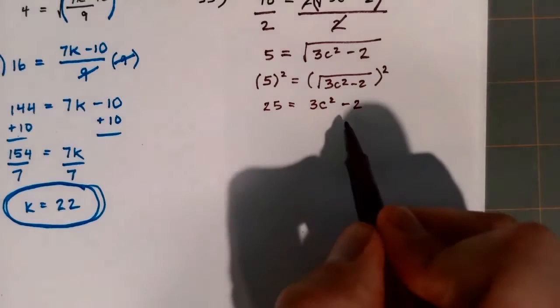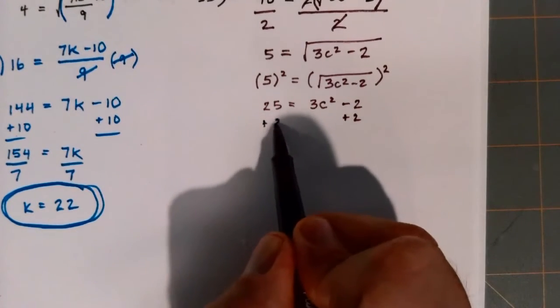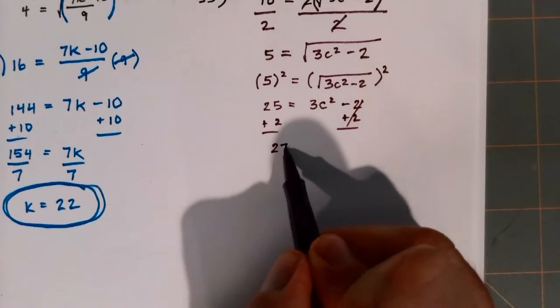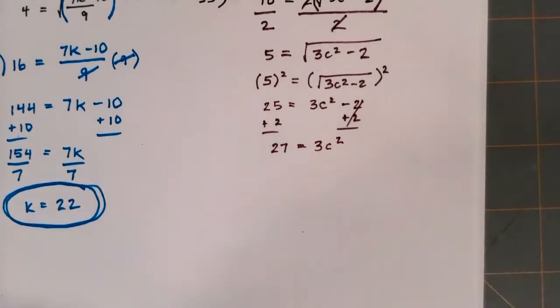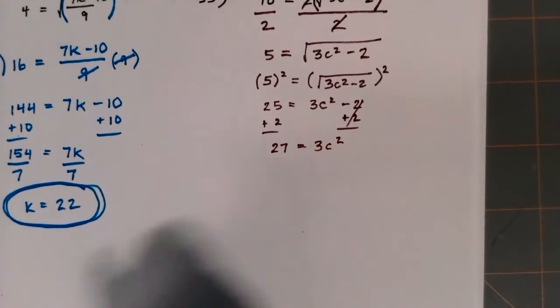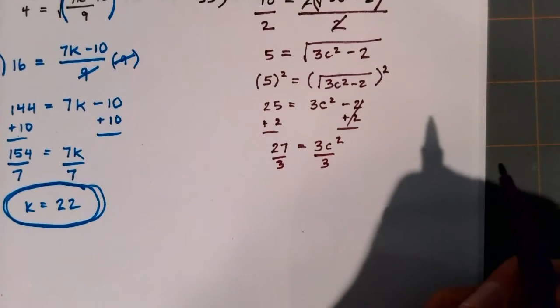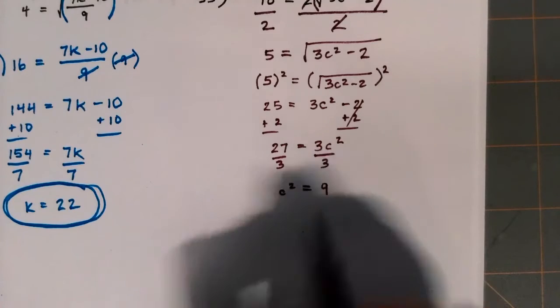So now I add 2 to both sides, and I get 27 is equal to 3c squared, which means I need to divide both sides by 3, and I get c squared equals 9.